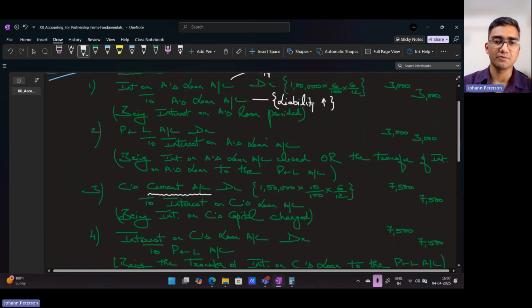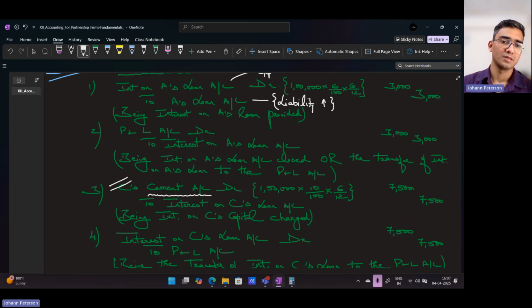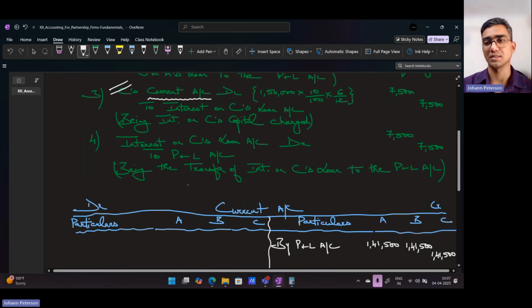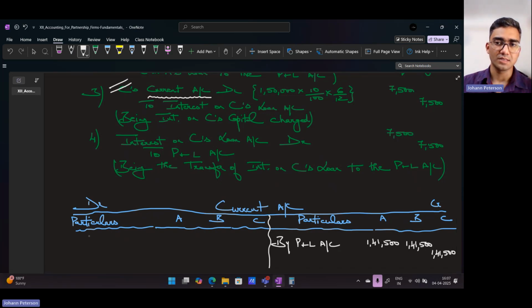In your journal entries, you have one entry which is talking about the current account being debited. This entry you have to post into this current account. So here we are saying C's current account is debited by 7,500, because of interest on C's loan account.